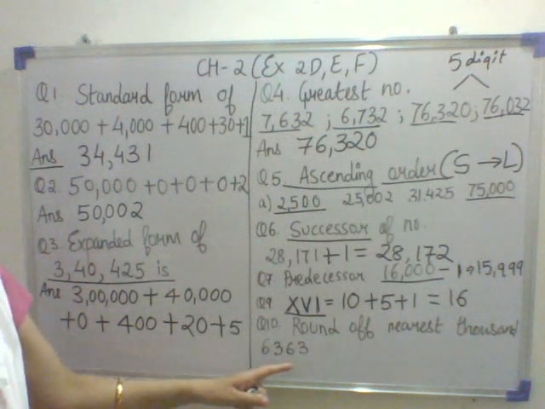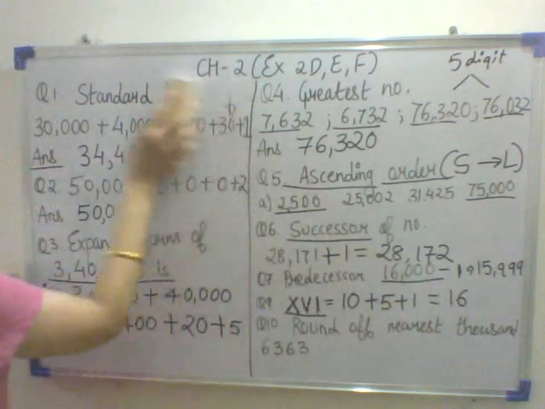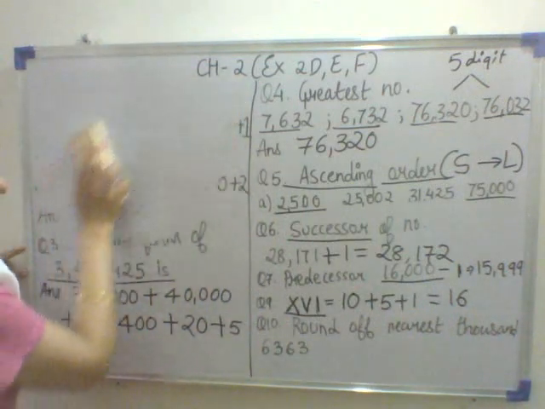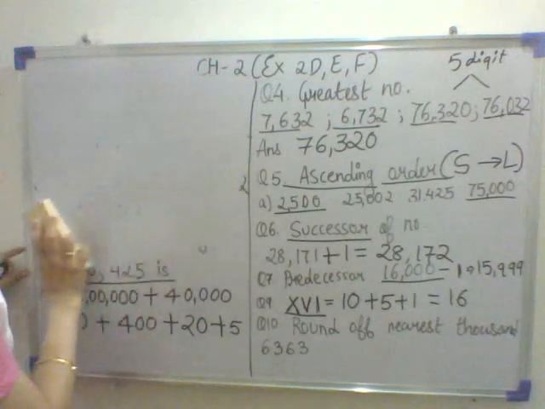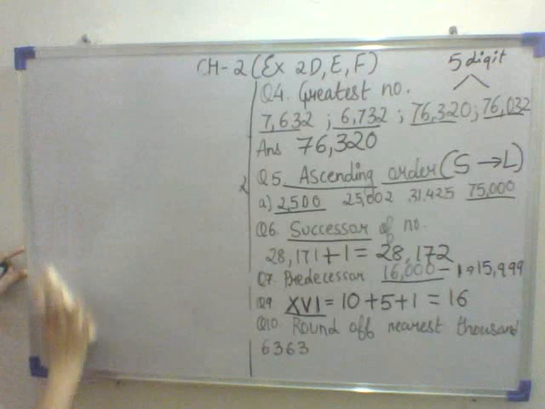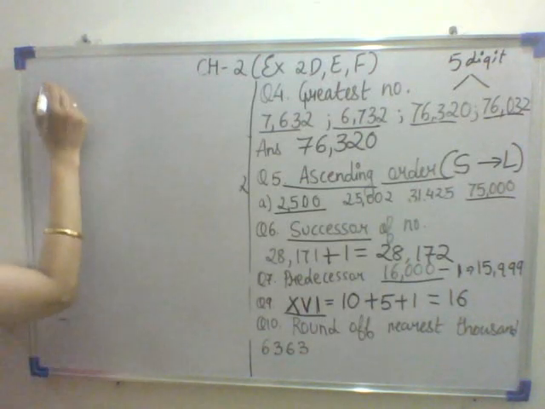The next question is round off to the nearest 1000. How do we round off to the nearest 1000? I have written a number there, that is 6,363. You have to round off that number to the nearest 1000.